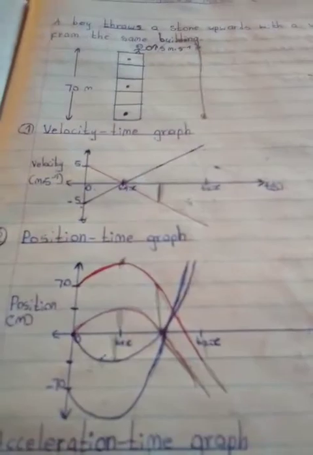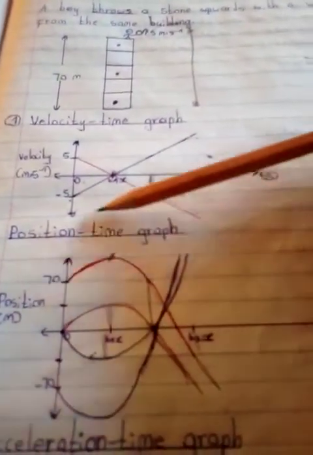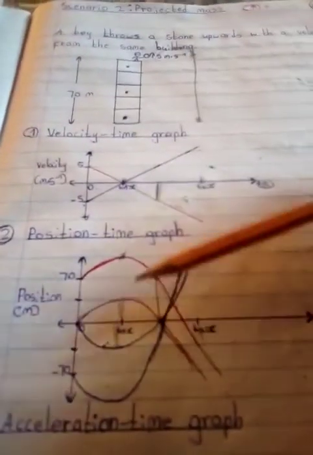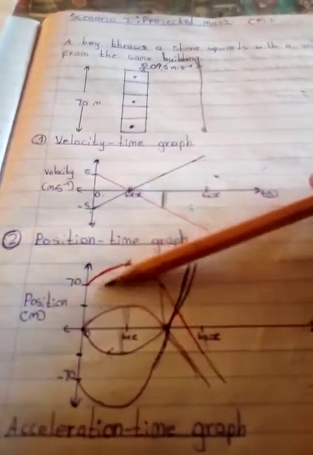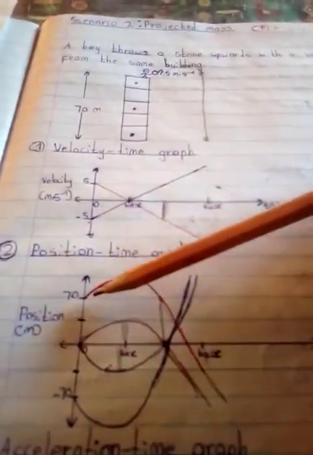position time graph. Someone might ask, what does the gradient of this position time graph tell us? You don't even need to worry about the gradient of this parabola here, because it is not constant.